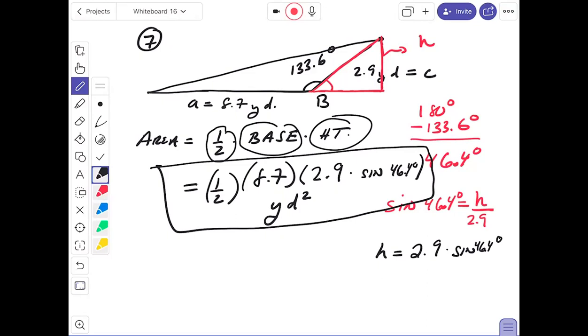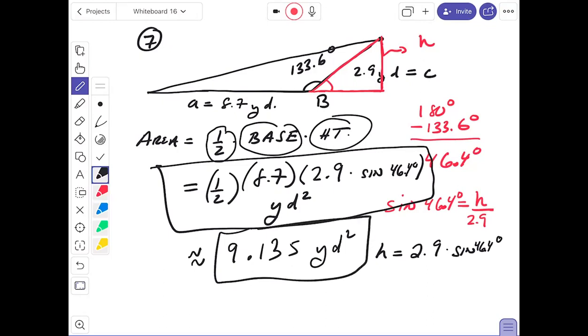And what does that give you? I'm going to use 3 decimals because that's what they asked for: 9.135 yards squared. This is an approximate answer.